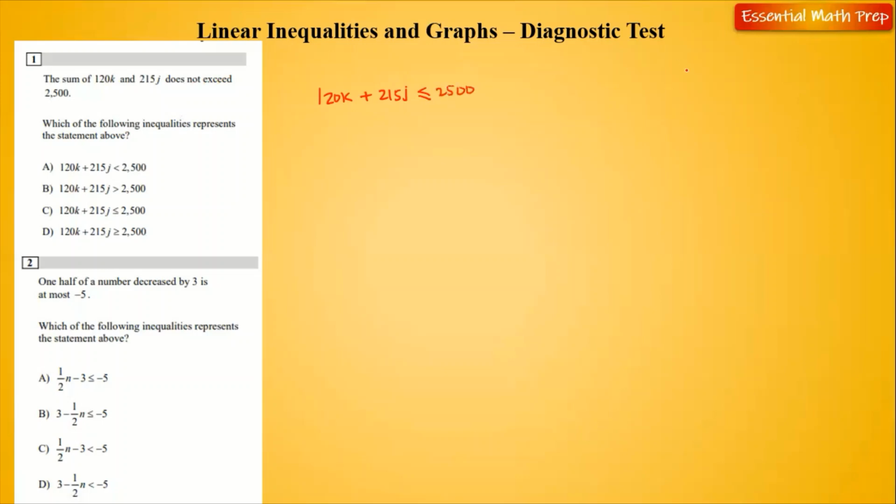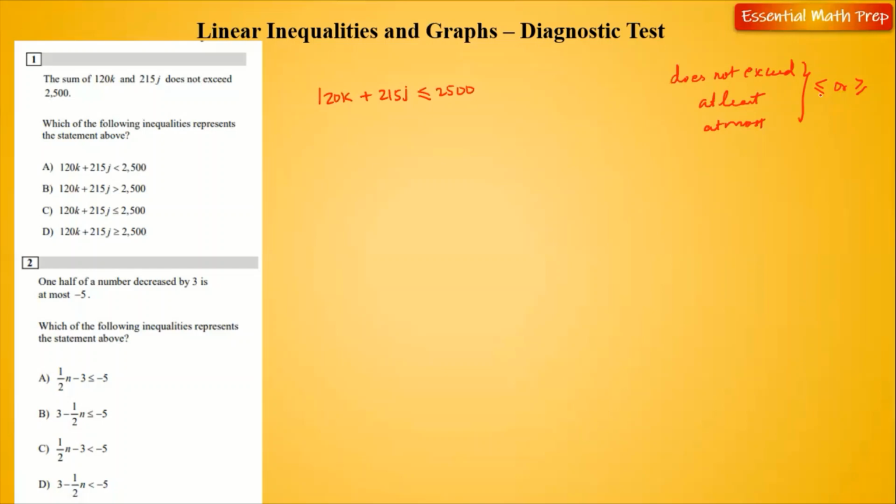Here's a little bit of tips and tricks here. When you see words like does not exceed, at least, at most, when you have this sort of words, depending on the context, you can either have a less than or equal to or greater than or equal to, depending on how it's framed, or one keyword could specifically be for less than or equal to or greater than or equal to.